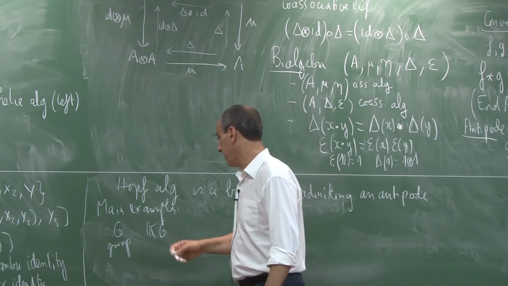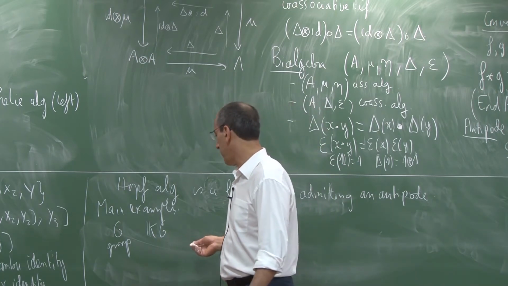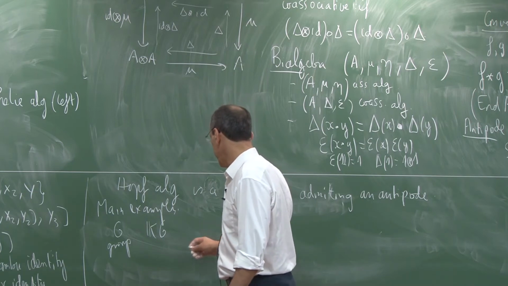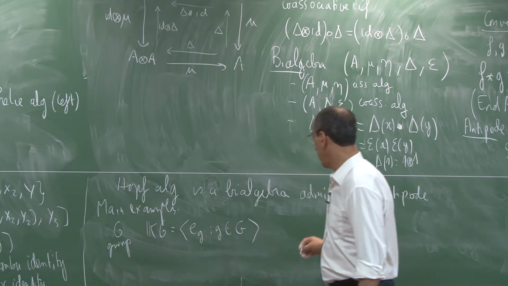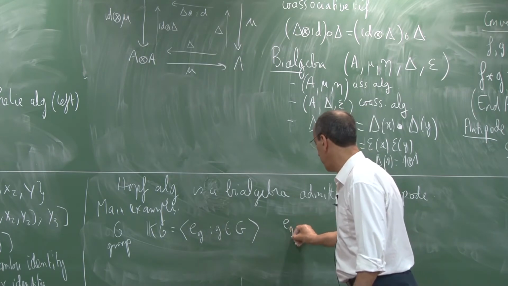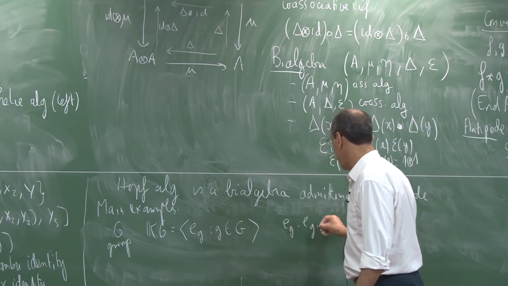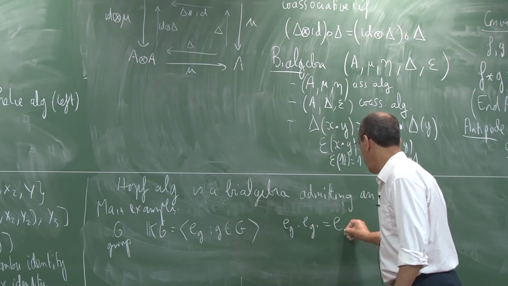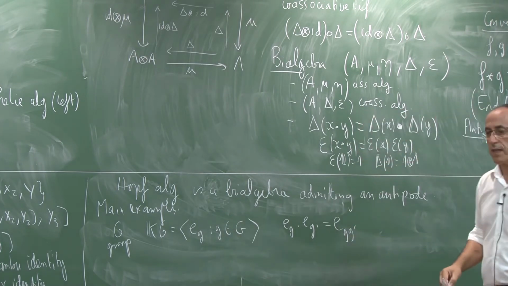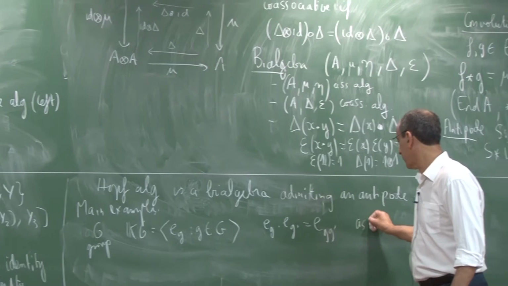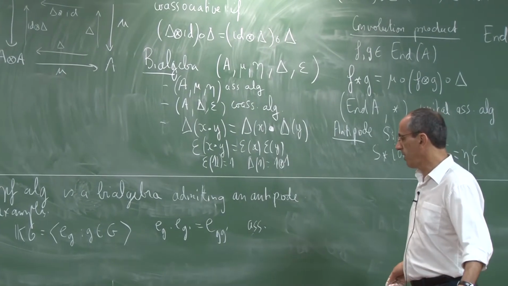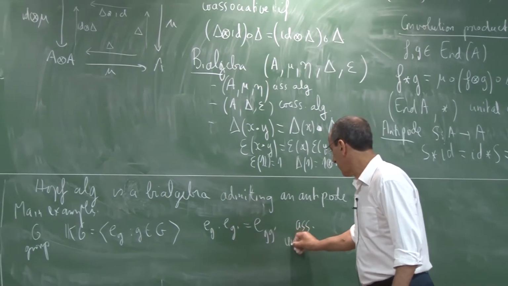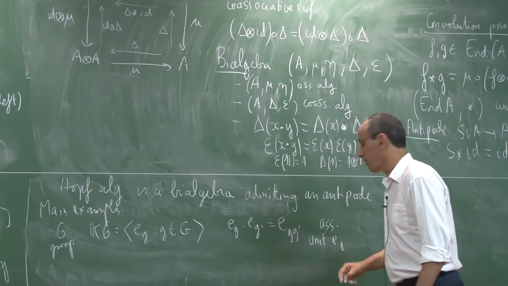And KG is an associative algebra, which is generated by elements e_g, where g is in G, and the multiplication is e_g times e_g' equals e_{gg'}. This is an associative algebra, and the unit, of course, is e_1, where 1 is in the group.